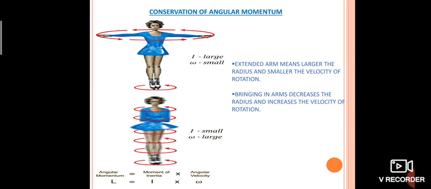Bringing in her arms decreases the radius and increases the velocity of rotation. It implies that the radius of rotation and velocity of rotation are inversely proportional to each other and their product remains constant. This is the significance of law of conservation of angular momentum.